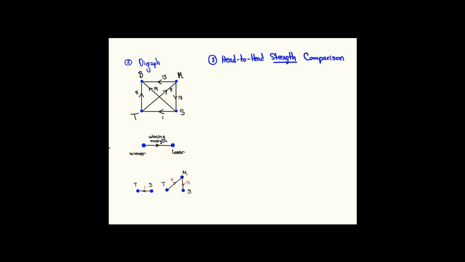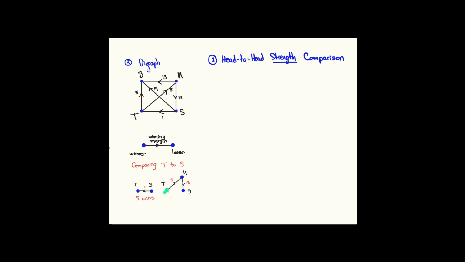The first one is the arrow that goes from S to T. I have it right here. The second path is going from T to S, but passing through M. So T, M, S. I'm using these paths to compare T to S. On the one hand, using the first path, I know that S wins over T by a margin of 1.